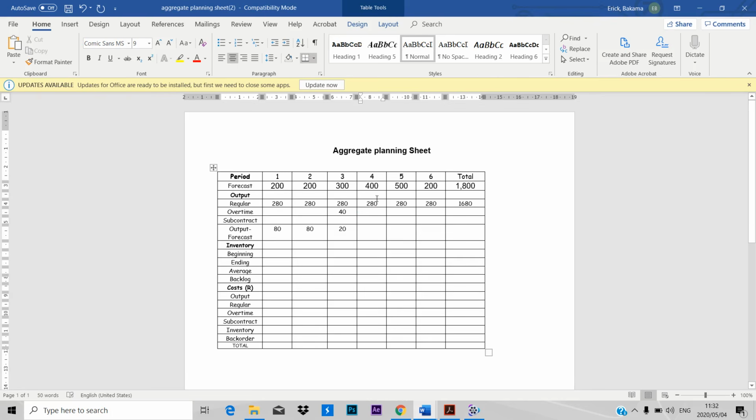In the next period, the customer wants 400 units. We can only produce 280, and in that case we still need overtime. The maximum overtime that we can use per period is 40. Then when you look at the total, we have 280 plus 40, which gives you 320. But this 320 is still not enough, because the customer is requiring 400 units, but we can only provide 320 even after using the overtime.